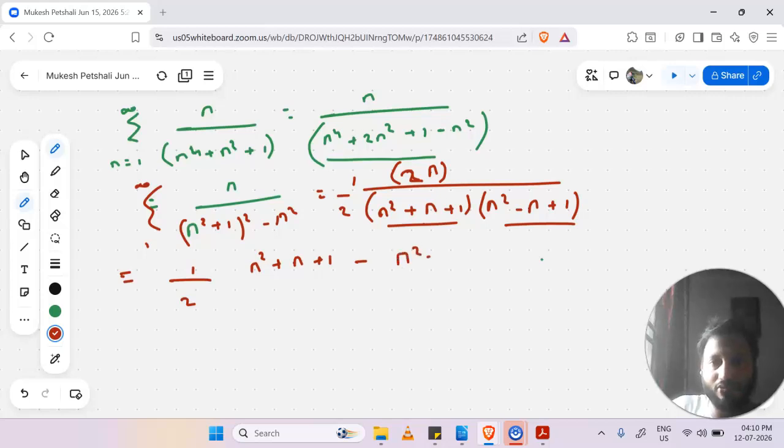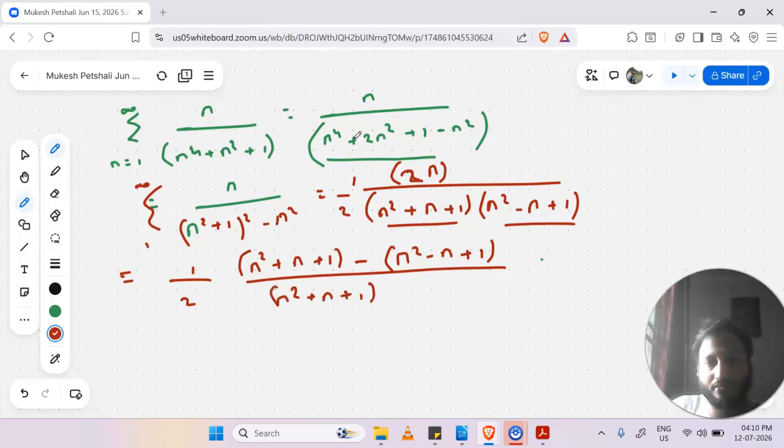What am I getting out of all these? Now if you look at the numerator, this thing is 2n. Got it? Now if you simplify this series, it is the same series.